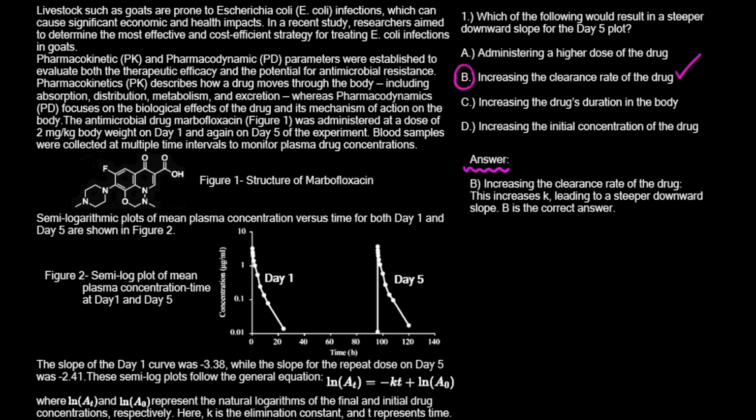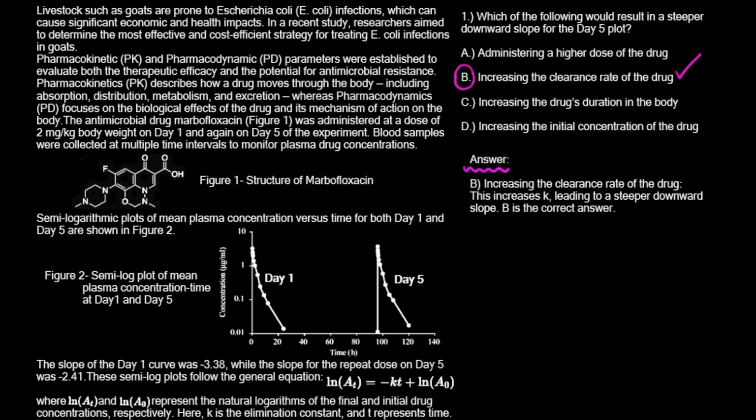Option A says administering a higher dosage of the drug. Does giving a higher dose increase the elimination constant? What do you think? No, it doesn't. A higher dose just raises the starting point of the curve, the initial concentration, but it doesn't change the slope. So A is not correct.